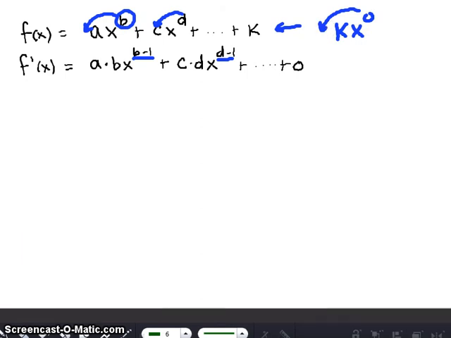So what this would look like in a problem is something like this.